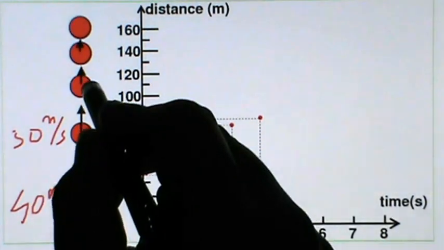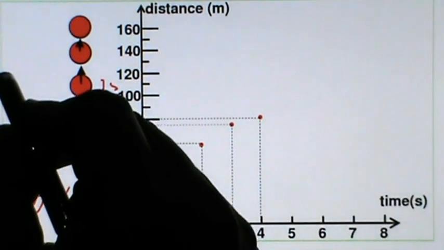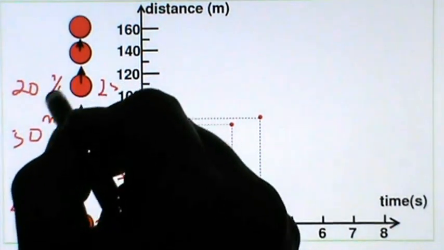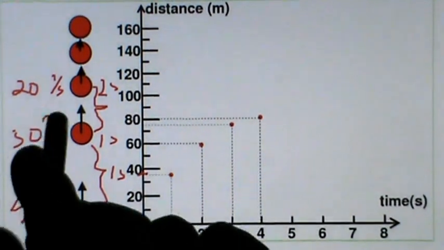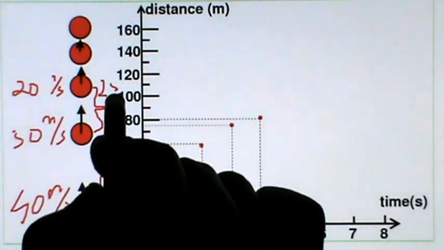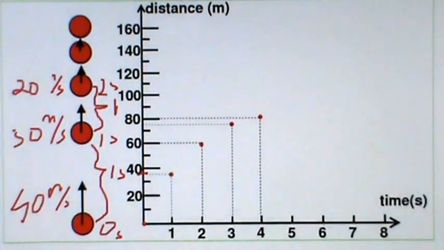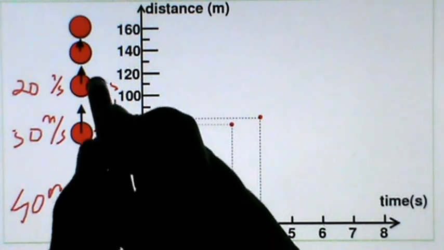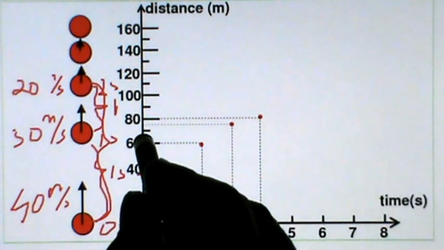And at t equals 2 seconds, the speed, as you already knew, is 20. So the distance in this time interval is 20 times 1 plus 30 times 1 divided by 2, so we get 25, and the total distance traveled is 25 plus 35, which is 60.